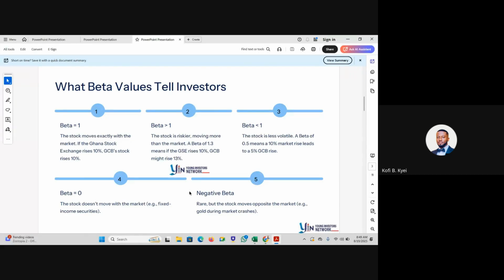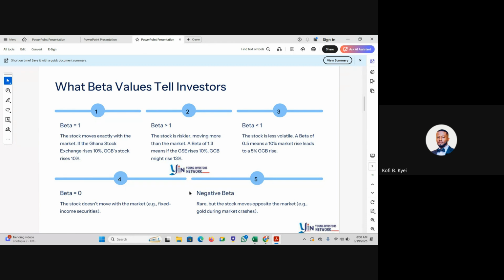Can you be more specific, Esther? So you made mention that the higher the beta, the higher the risk, right? Yes. And I want to know, can it be the opposite way? I mean, the beta is low, but the stock is riskier. Is it possible for it to happen that way? Okay, so it's possible that way, but for us, we want to focus on the figures as we can see.